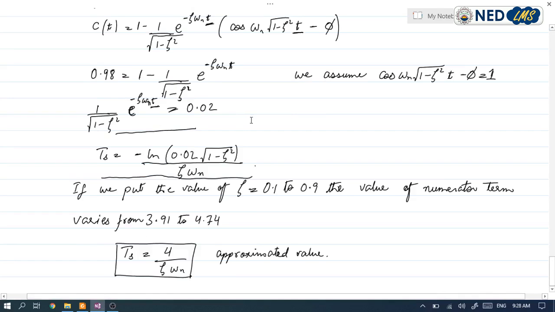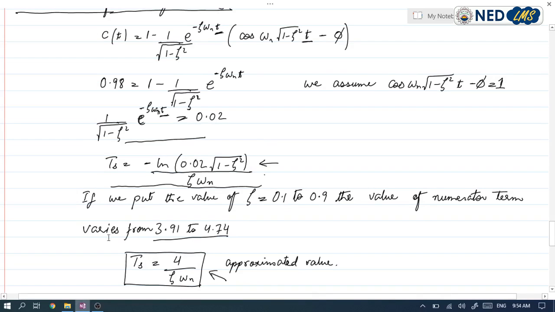If we put the value of zeta from 0.1 to 0.9 in this term, then the value of the numerator term varies from 3.9 to 4.74. So we can approximate the value of settling time with 4 in the numerator. This is the final formula to evaluate the settling time.